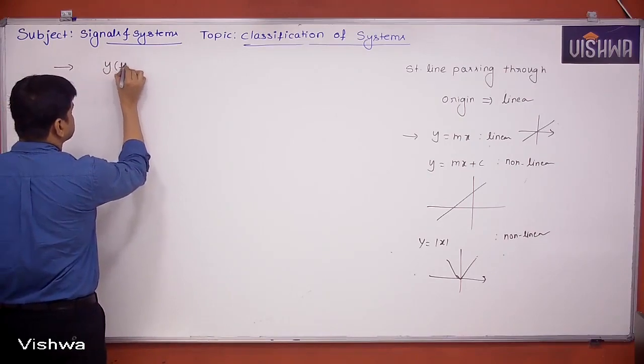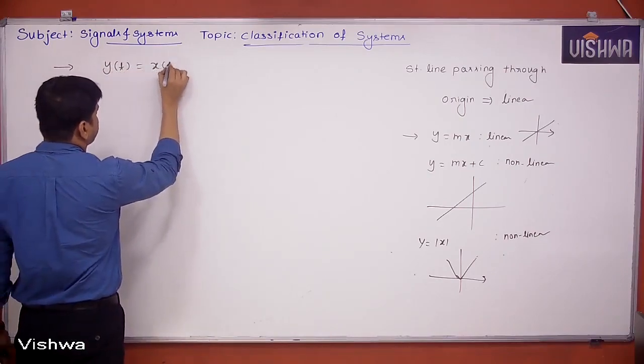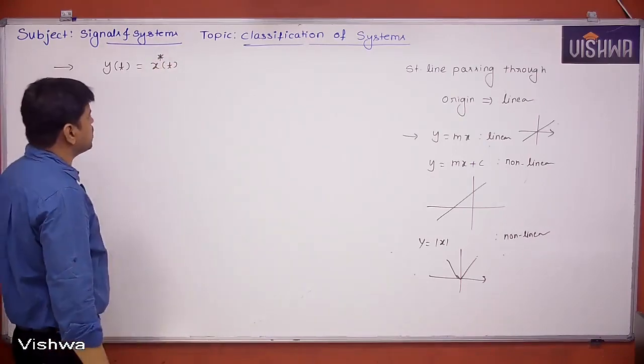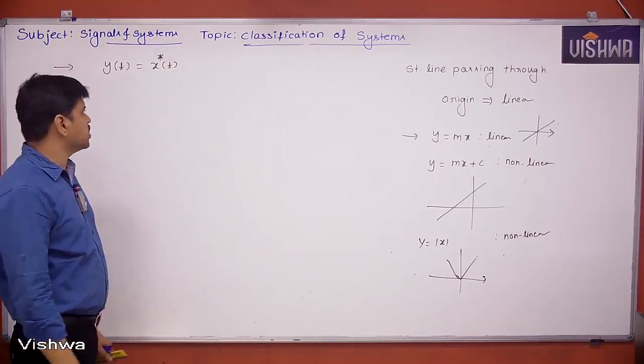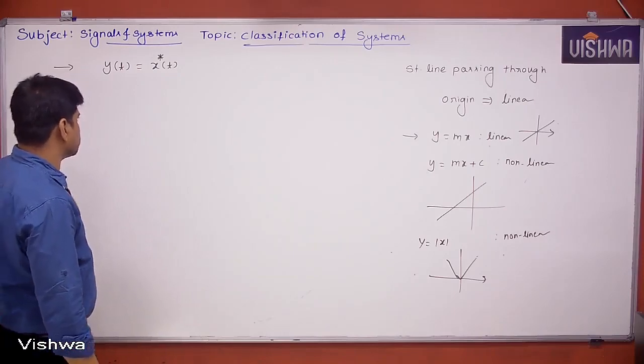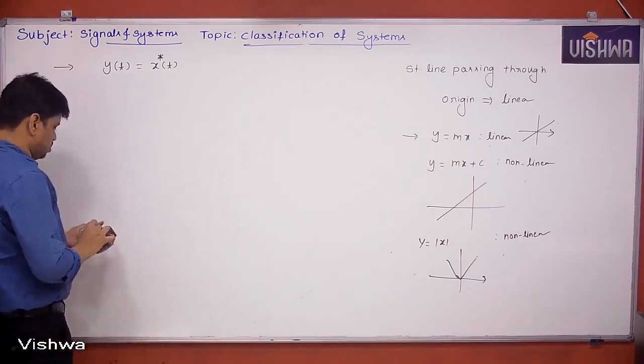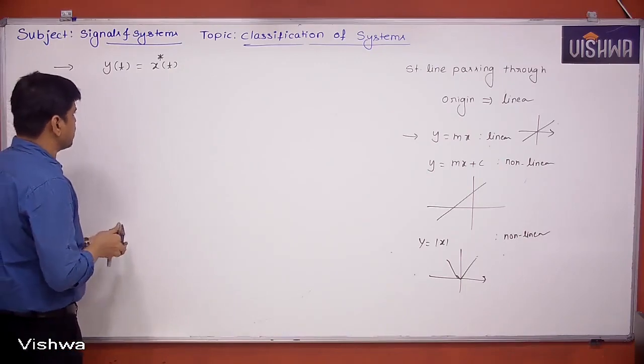y of t is equal to x of t conjugate. So many people think that it is a linear system, but it is not. It is a non-linear system. First of all, try to understand. I am just going with a mathematical analysis only.